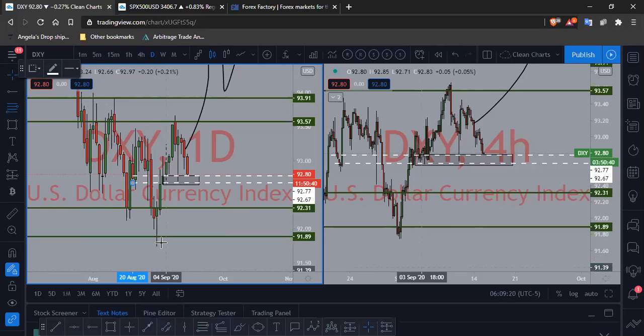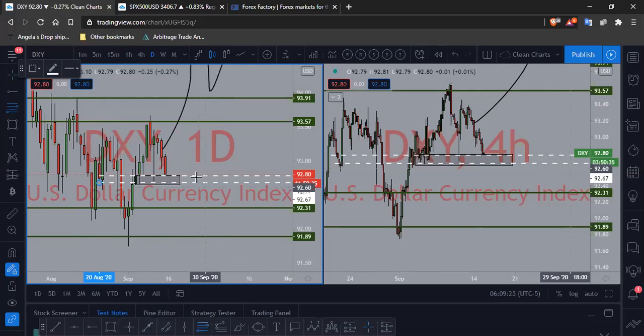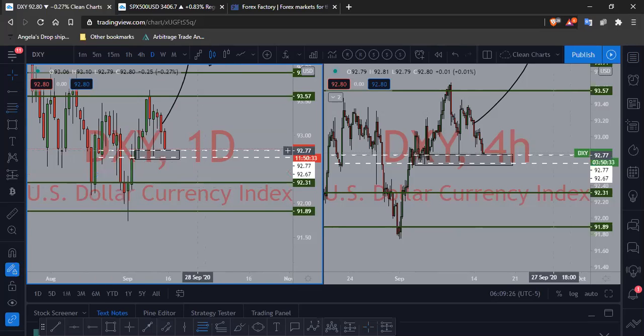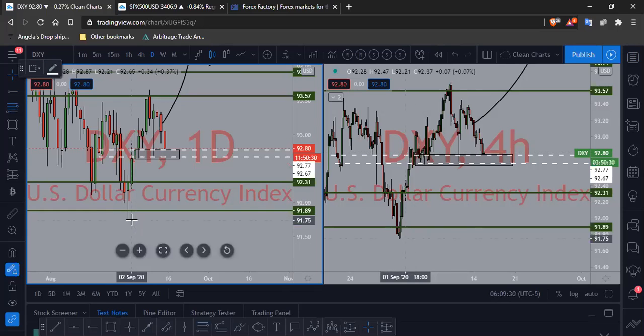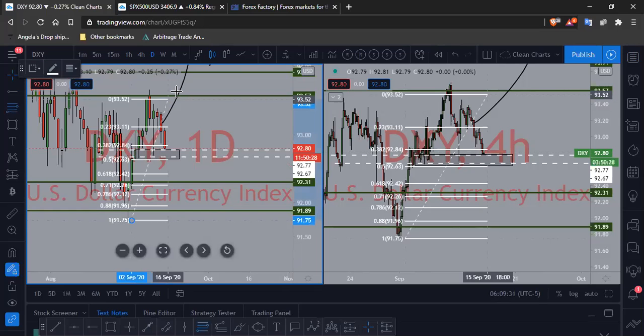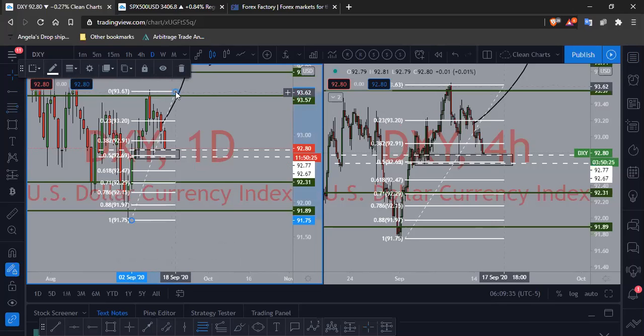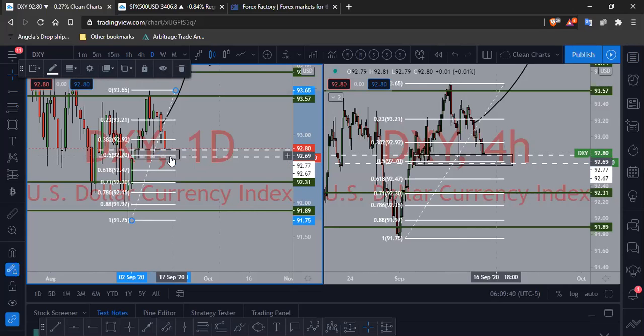And then also, let me just see from this previous swing. It's at the 50% Fibonacci level. Personally, I don't really care for this position right here. I'd rather get it down here at 92.50 or 92.30, like I mentioned on the live.